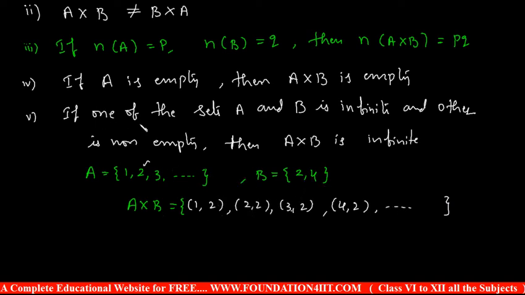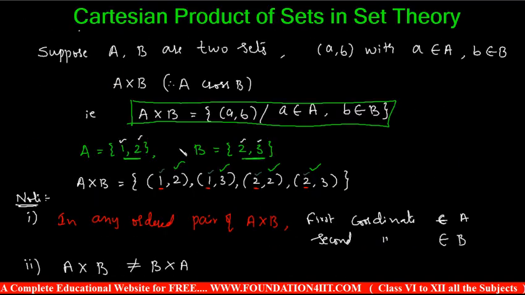That's why if one of the sets A and B is infinite, then A cross B is also infinite, and the other one must be non-empty. These are the few important rules of the Cartesian product of sets in set theory.